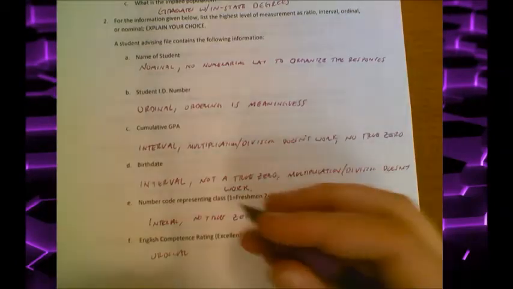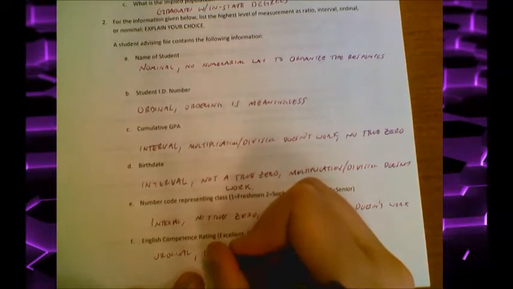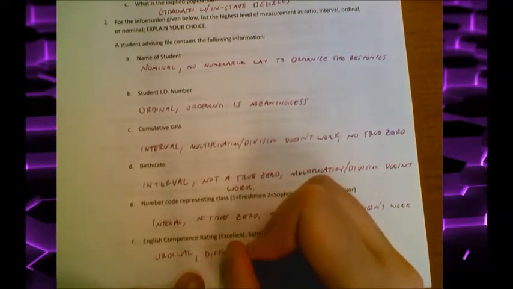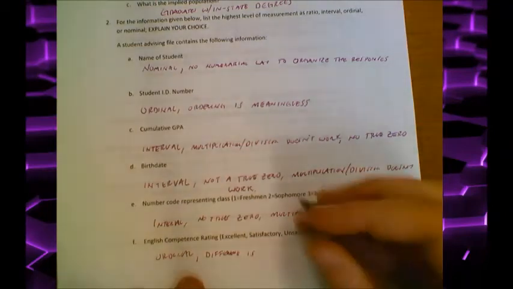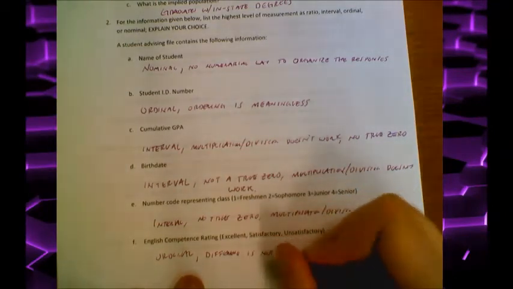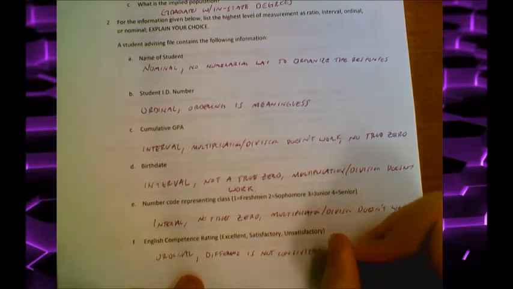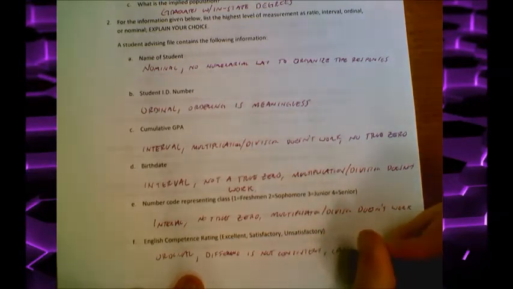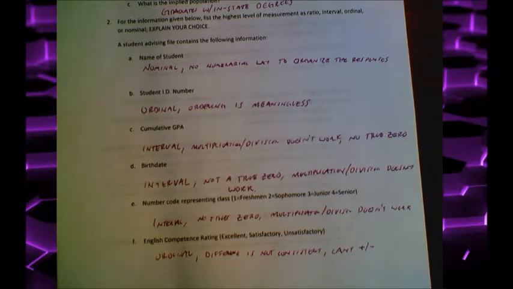So I would say for that ordinal, I'm going to be stopping there because the difference between the two is not consistent. I also can't do stuff like add or subtract on it. So that's what keeps me from getting up to that interval level.